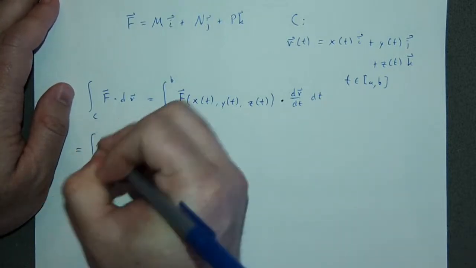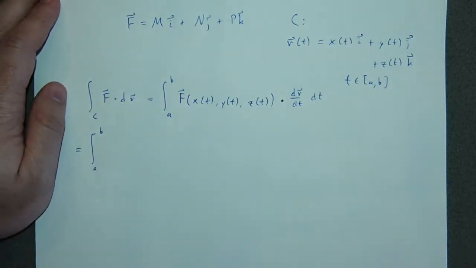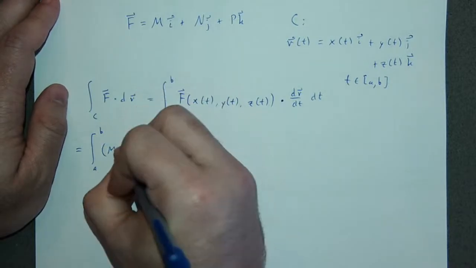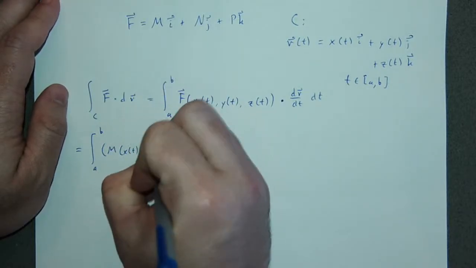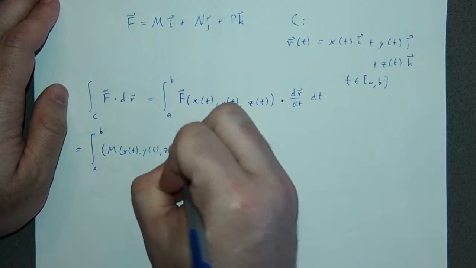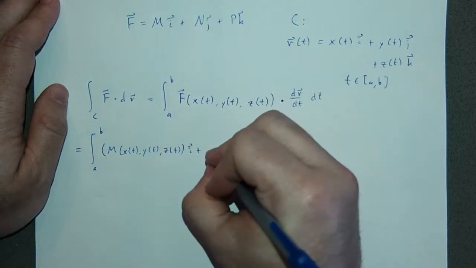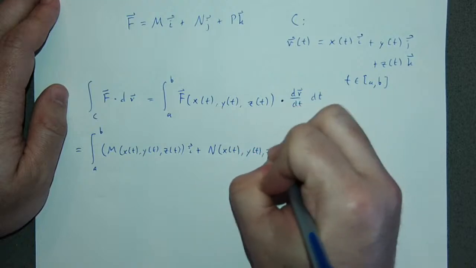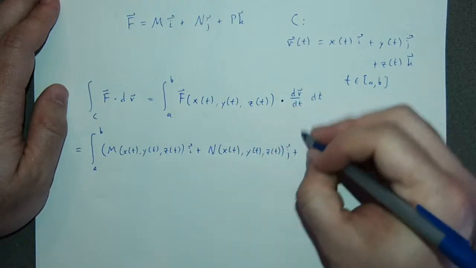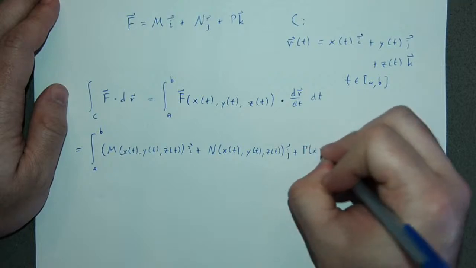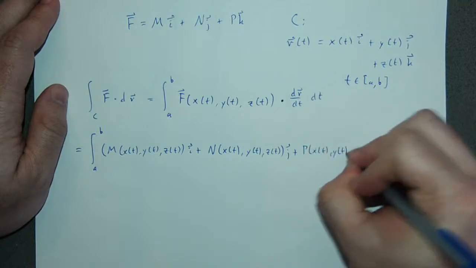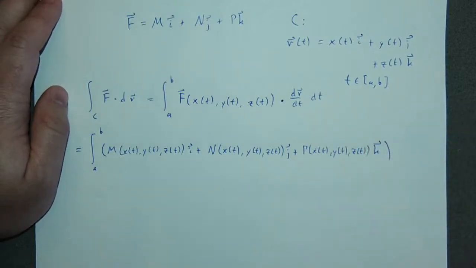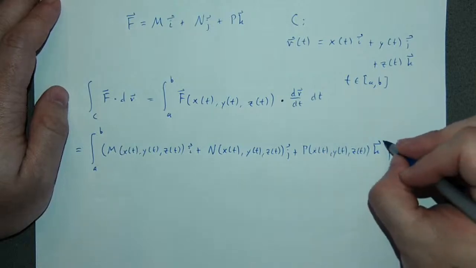So this would be the integral from a to b of the vector M with x of t, y of t, z of t plugged in, times i, plus N with x of t, y of t, z of t plugged in, times j, plus P with all those plugged in. Okay, so that's my first vector, and I'm dotting that.